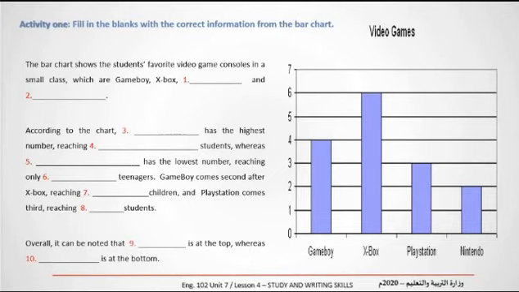No need to write your answers in the chat box because we are running out of time. Just check your answers after 5 minutes. Just write them on a piece of paper and then check your answers in the next slide. All right, 5 minutes for this activity.